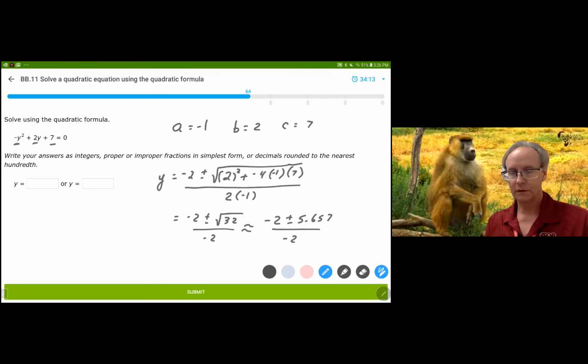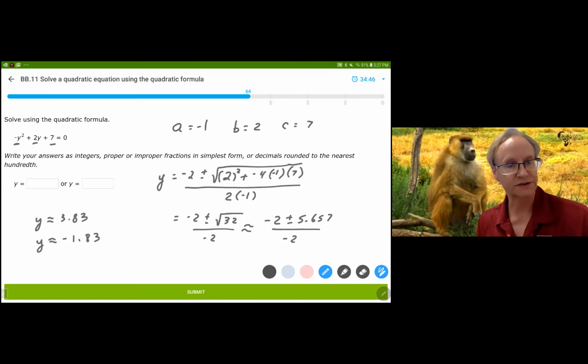Okay, so we're going to add the 2, divide by 2, and we get about 3.83. And then I'm going to do the difference, which is square root of 32, and we are going to subtract the 2 and divide by 2. This is going to be our negative part, negative 1.83. And as I said, the decimals a lot of times will match up.